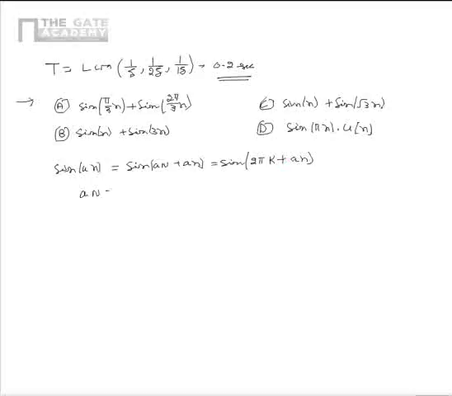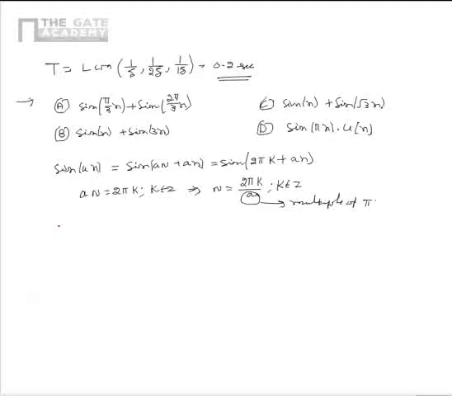From this we can say that a into N should be equal to 2 pi k, where k belongs to Z. So the given signal would be periodic if N is equal to 2 pi k divided by a, where k is an integer. Further, for this to happen, a should be a multiple of pi. Then only the given signal sine of a n would be periodic.